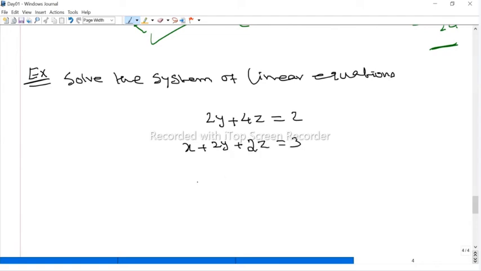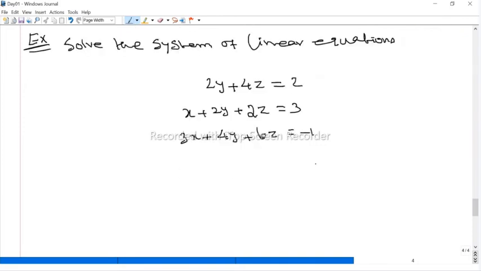And then the third equation is 3x plus 4y plus 6z equal to -1. Now this is a system of equations. We have to find x, y, z satisfying all the equations simultaneously. That is our aim. So first we have to write this system of equations as a matrix equation.